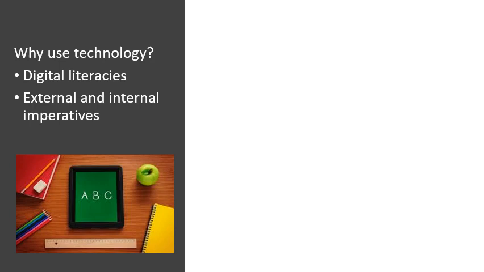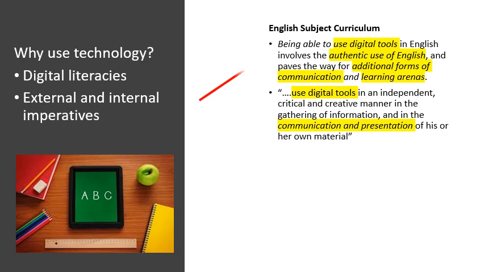So technology would be a part of that, and we can see this represented, for example, in the English subject curriculum, where digital tools have been incorporated into the curriculum itself, such as one of the five basic skills, where the use of digital tools for authentic use of English and in additional forms of communication and learning arenas. Also, if we go to more specific goals, for example, international English, a subject that I teach, you can see specific goals where they mention digital tools for communication and presentation.